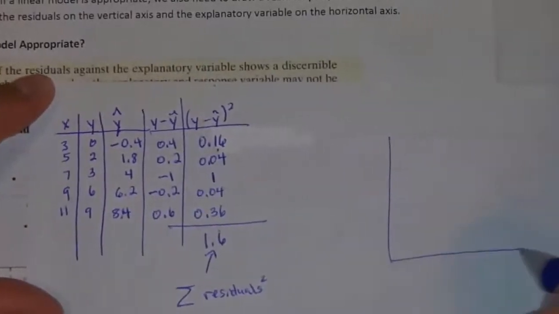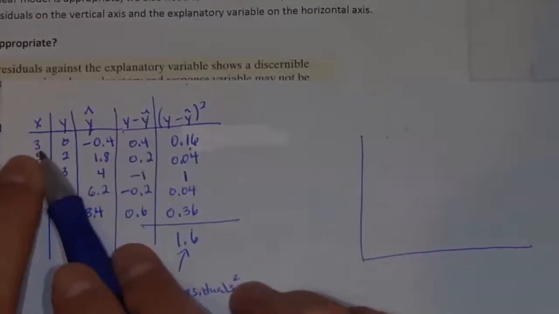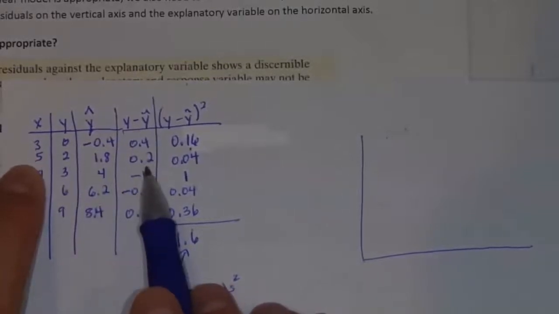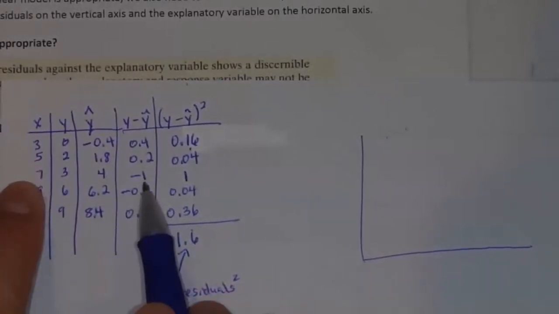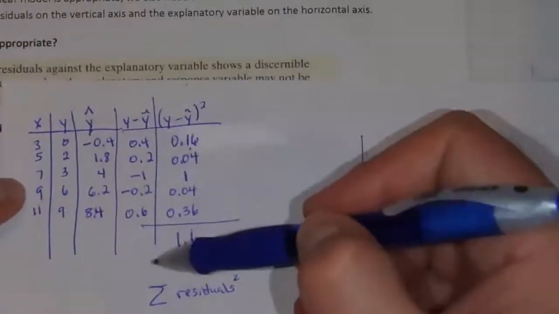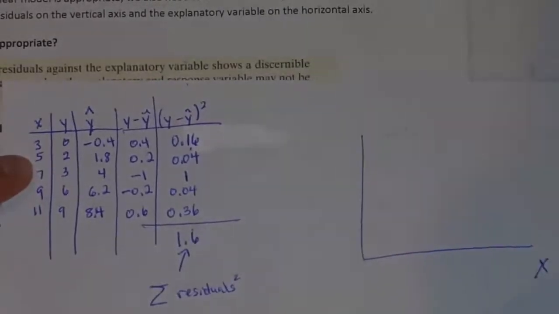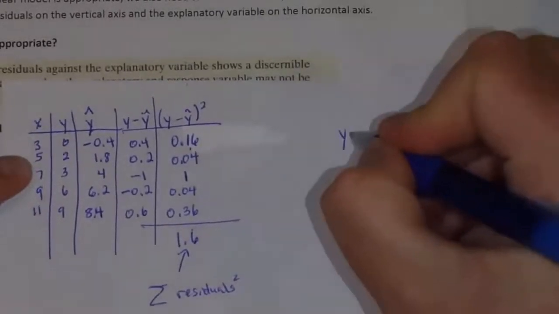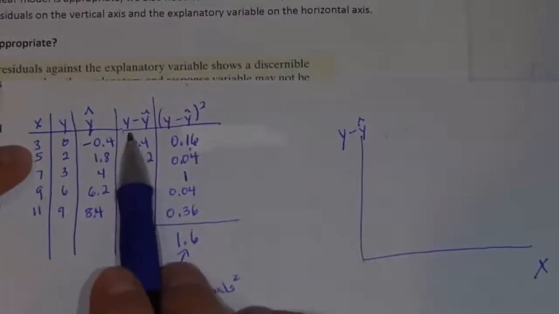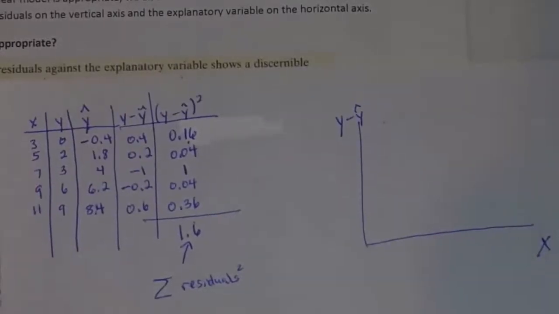If I were to create a plot, I'm going to form a point with 3 and the residual 0.4, and 5 and the residual 0.2, and 7 and the residual -1, and so on. And I'm going to plot those points. That's a residual plot. So I would have x on the horizontal axis, and I would have y minus y hat on the vertical axis. And I would plot those points, and that is what a residual plot is.